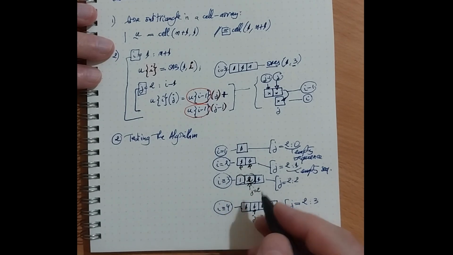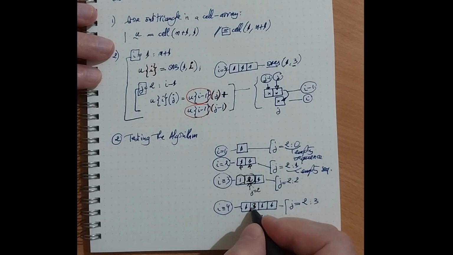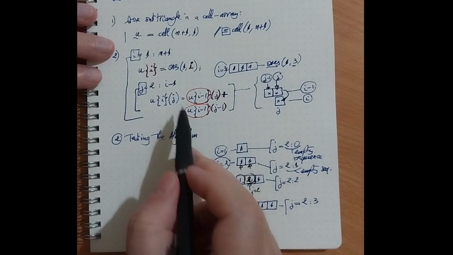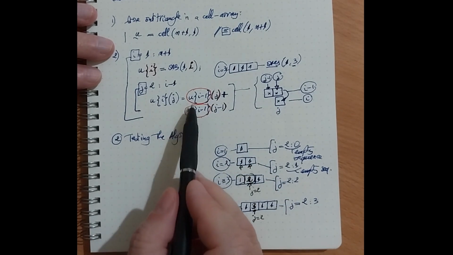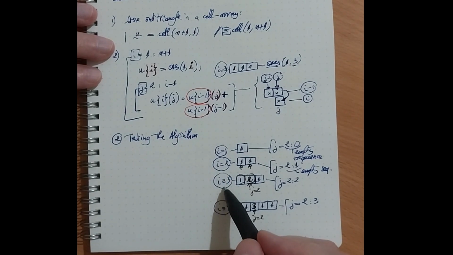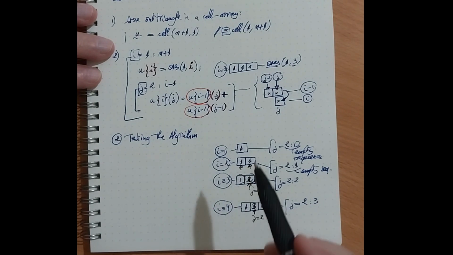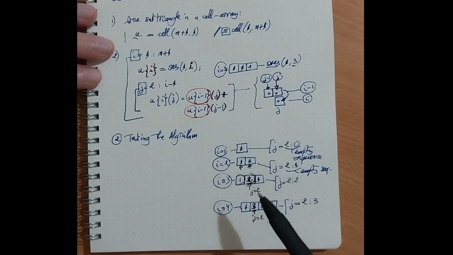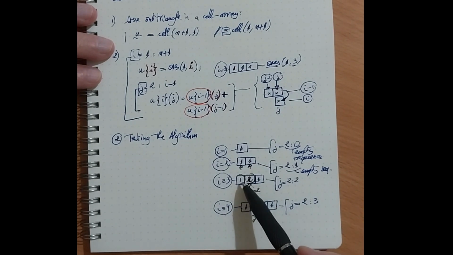And we add them. We get 3. That's the equation here. i minus 1 is the third row, and j and j minus 1 are the second and the first element, because here j equals 2.